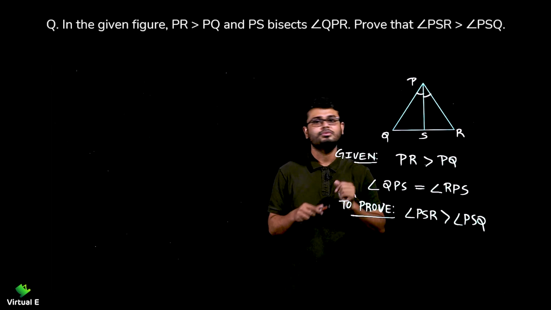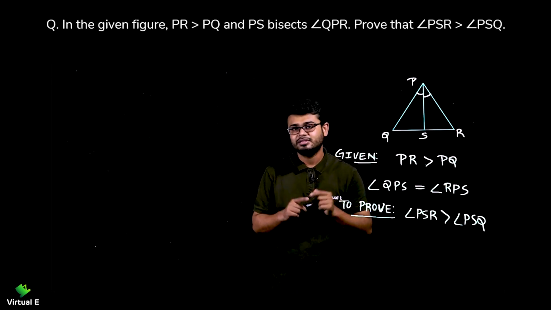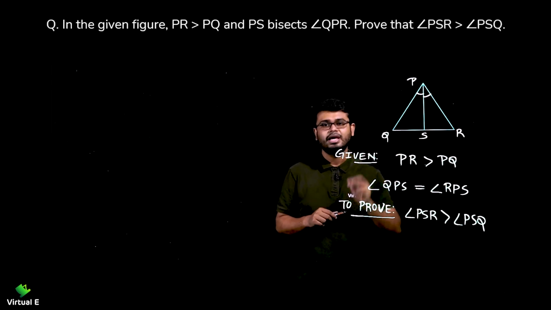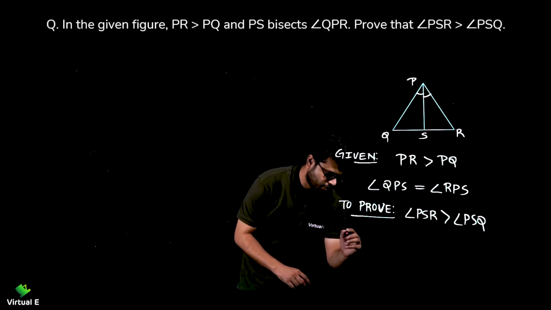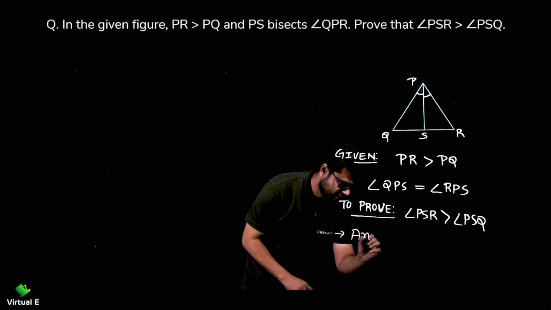So what I'm going to do is take the angle sum of both triangles and equate them. So let's start with the angle sum property.